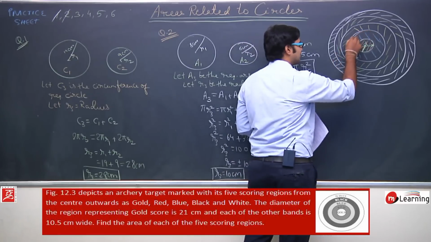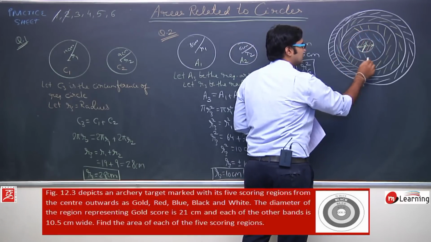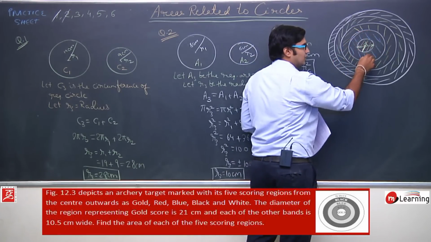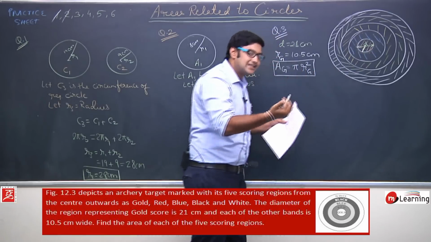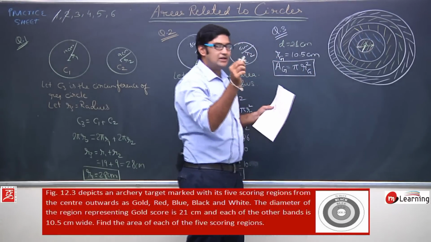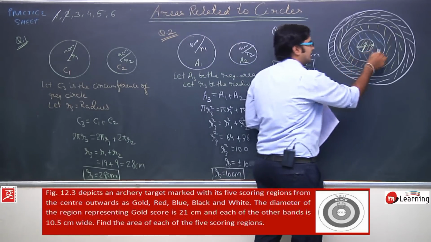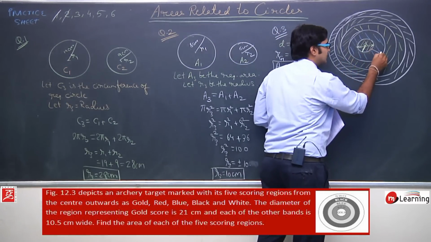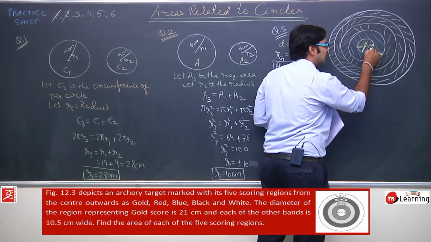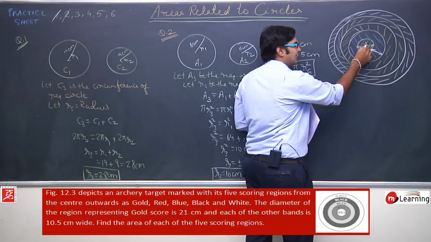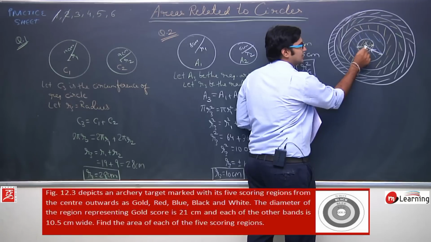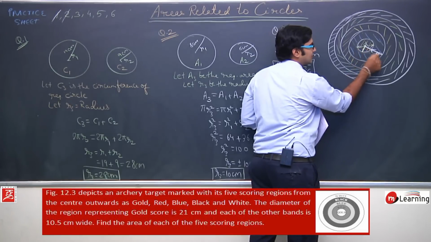The next region is this one, this particular region. Now what it says is each next region is 10.5 wide. So if this region is 10.5 wide, it means this particular length is 10.5. If I calculate from the center, then this radius is 10.5 plus this 10.5.